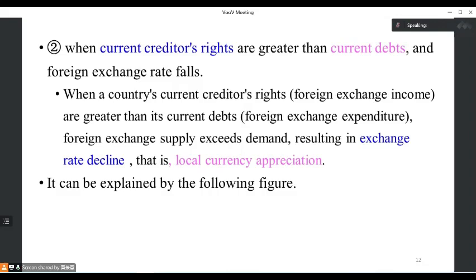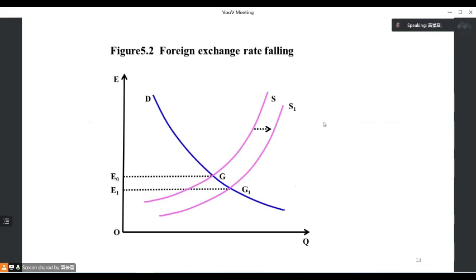And this page of contents can be explained by the following figure. Let's see Figure 5.2. Foreign exchange rate falling.